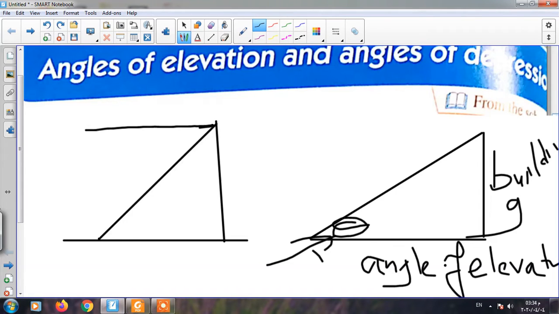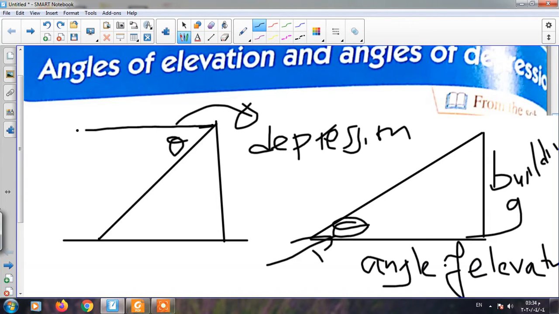So with the horizontal you have an angle. Theta here is called angle of depression. Angle of depression and angle of elevation are the same, because the horizontal is parallel to the horizontal, so they are alternate angles. So theta here must be equal to theta here.